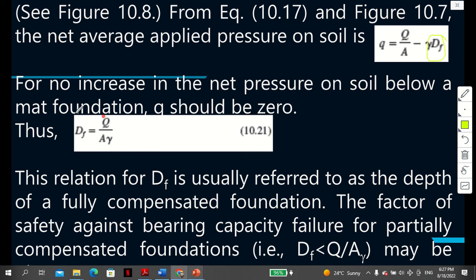And therefore, the depth would be Q divided by the area times the soil density. This relation for DF is usually referred to as the depth of fully compensated foundation.